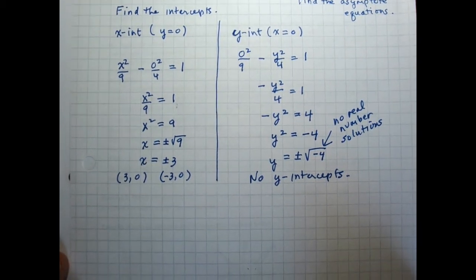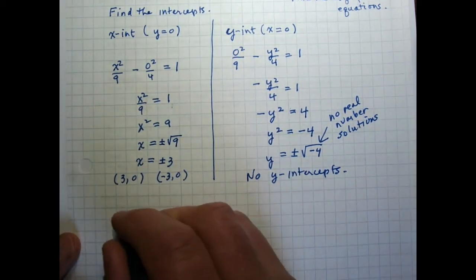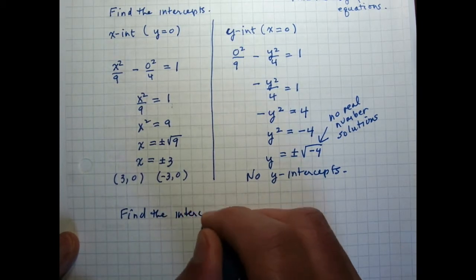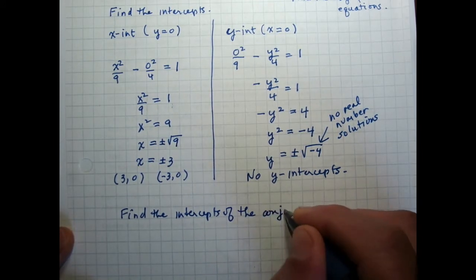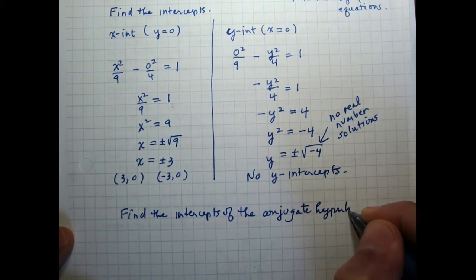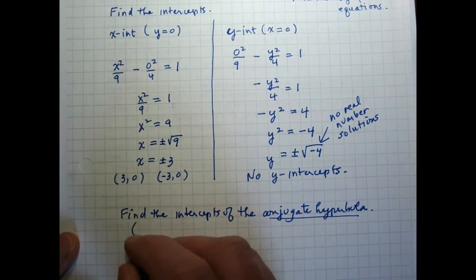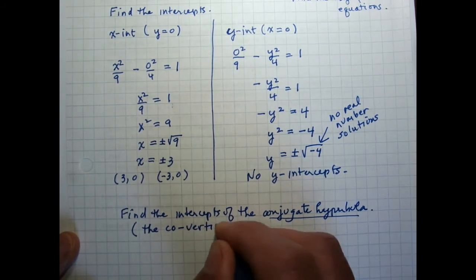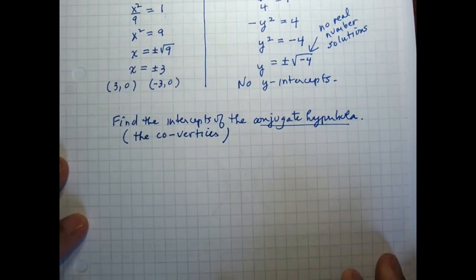And in order to draw the central rectangle, we're going to find the intercepts of the conjugate hyperbola. The textbook calls these the covertices of the hyperbola that we're looking for.